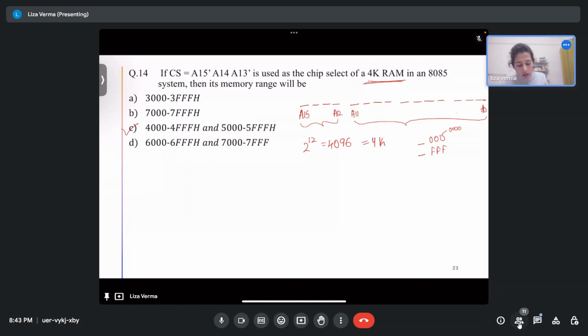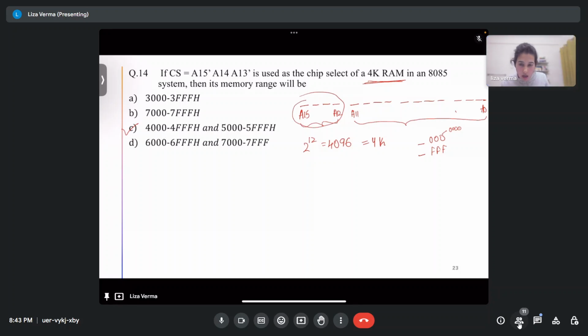So these four lines are left, and we need to know what to do with them. In the question, it is given what lines are chip select. It is the manufacturer's choice; a manufacturer can choose what chip select lines he wants for this RAM.